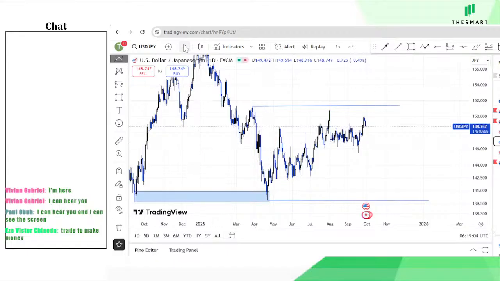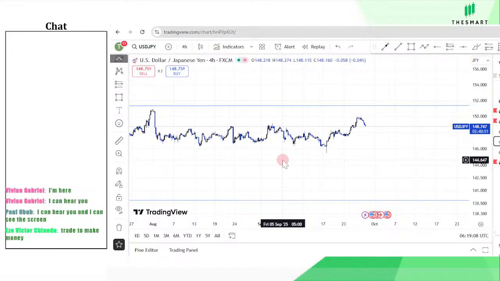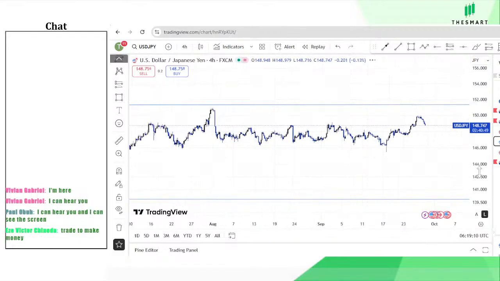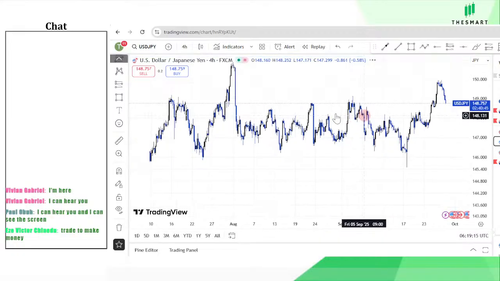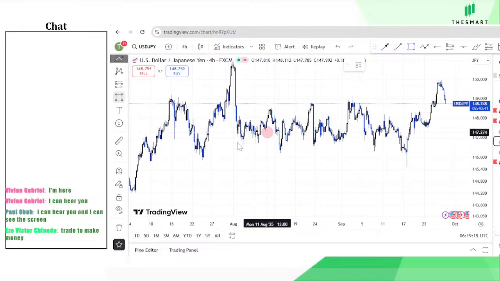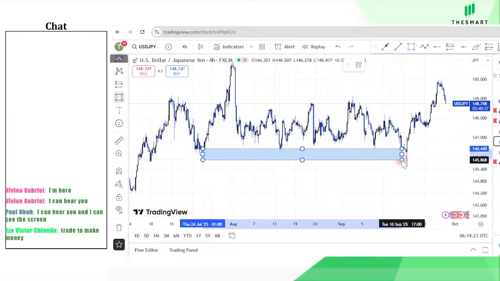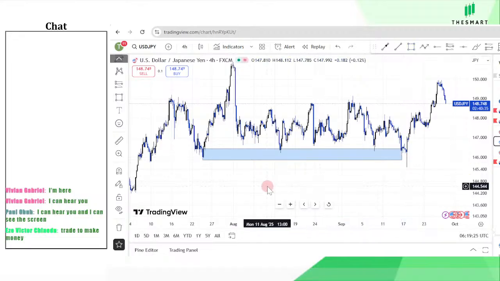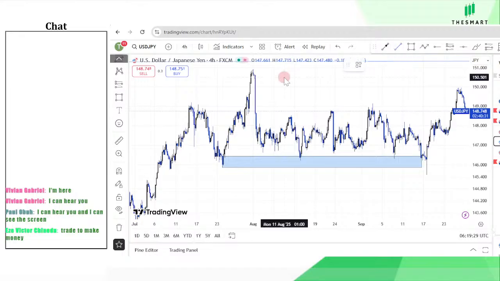So now stepping down to the 4 hours, what can we see on the 4 hours? Okay, so on the 4 hours, for those that have been active during our live sessions, we were waiting for this order block, and this order block was what actually caused the last break of structure we had at this point.